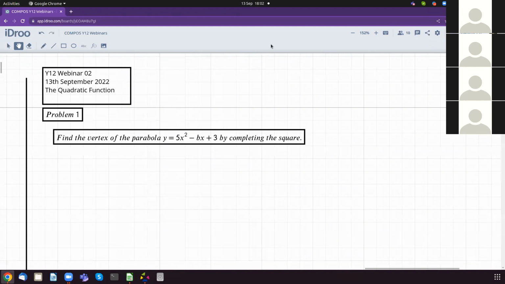But in the assignment, you have a very similar problem where you need to find the vertex of the general parabola ax squared plus bx plus c. Here you have this parabola, and you need to find its vertex by completing the square. This is a somewhat similar task. You can see that there's a b here, so there's a parameter.